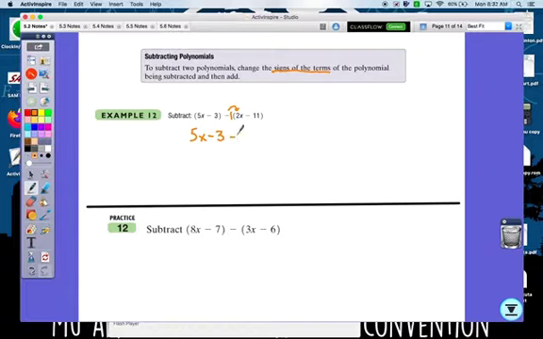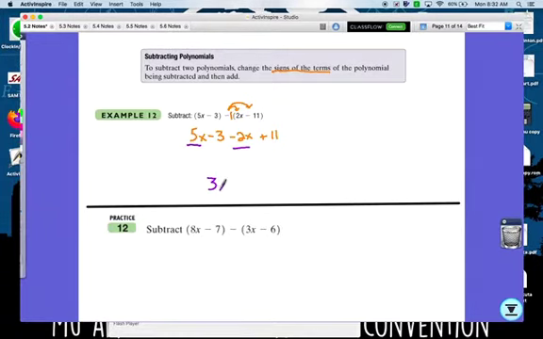So it gives me a minus 2x, and then negative 1 times a negative 11 gives me a plus 11. Okay, that is the only difference in this and the addition ones, is we got to distribute that negative throughout the second parentheses. And then now we combine like terms. 5x minus 2x gives me 3x. And negative 3 plus 11 gives me plus 8.